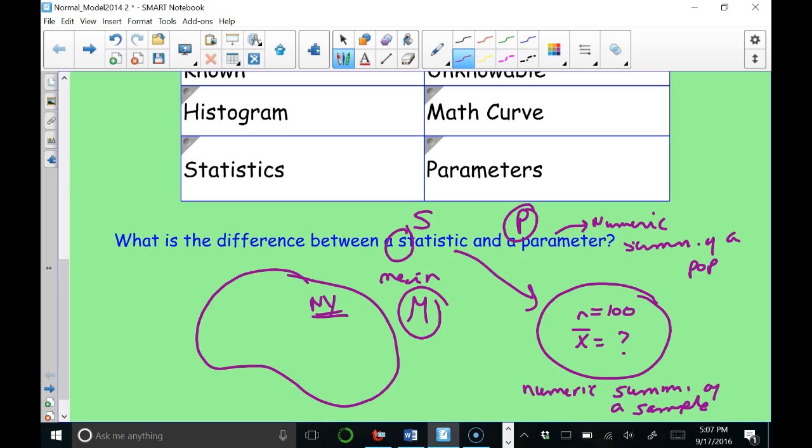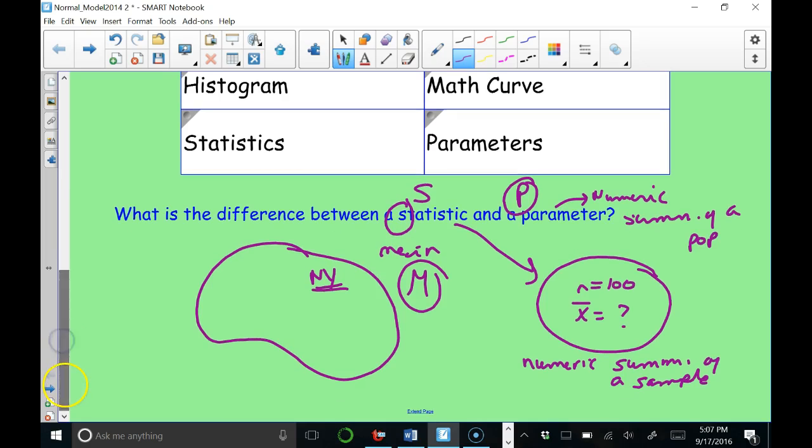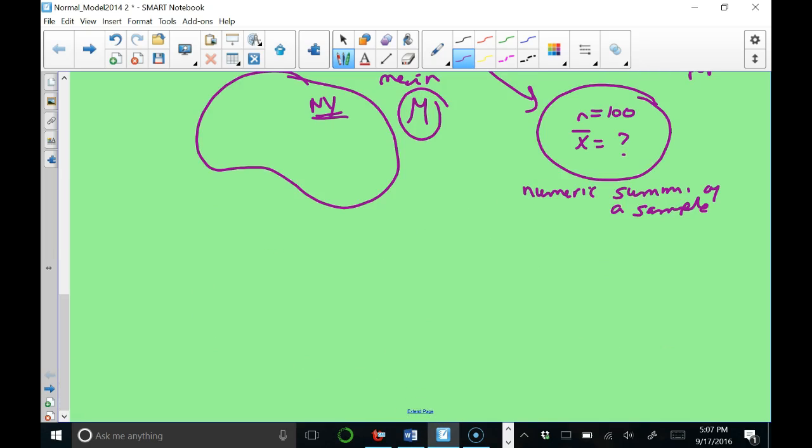Statistics are knowable. We're calculating them from a sample. Parameters can be about really large populations sometimes, so a lot of times they're unknowable. For parameters, we use Greek letters, believe it or not. And my saying always is, we use Greek letters because only the gods know them. So for a parameter, for the mean, we would use mu.